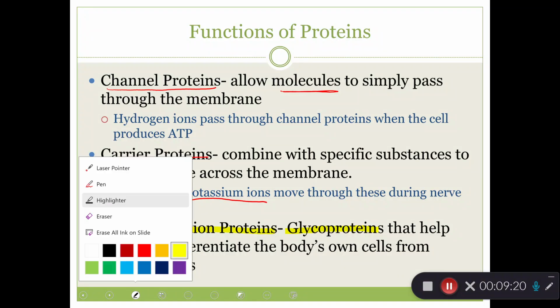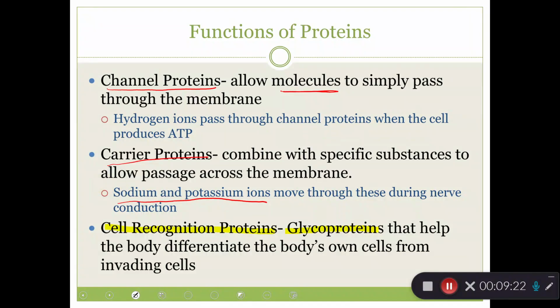That's what that's talking about right there, differentiate the body's own cells from invading cells. That's all about the immune system. And so our cells are so cool. They have these carbohydrate protein attachments that allow the immune system to recognize your cells from a bacteria, a pathogen.